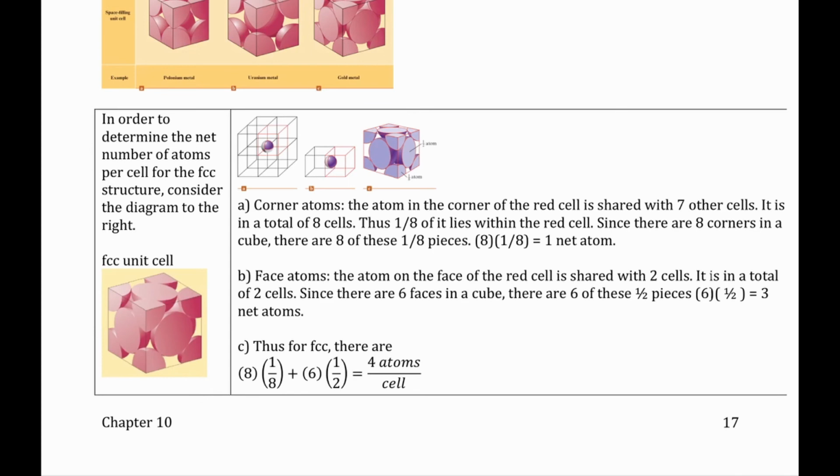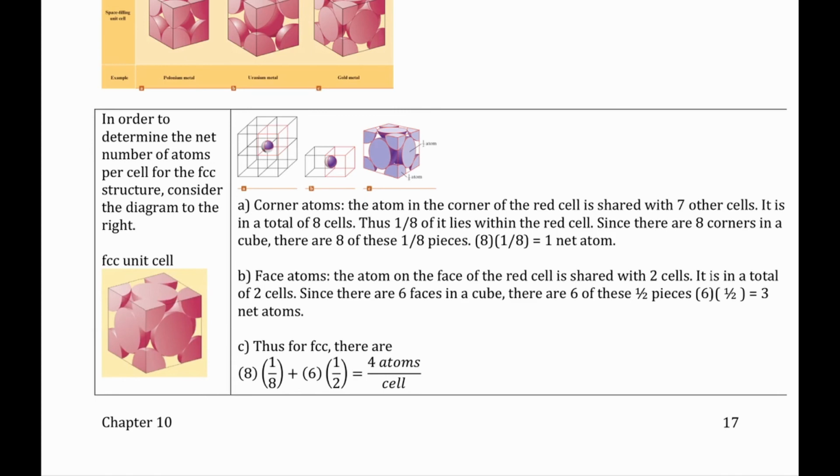The FCC unit cell also contains face atoms, and that's shown in diagram B. The atom on the face of the red cell is shared with 2 cells, itself and the neighbor. It is in a total of 2 cells.